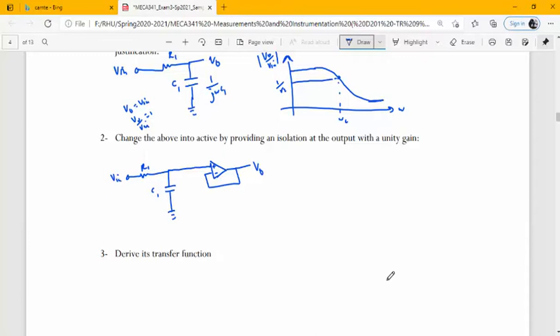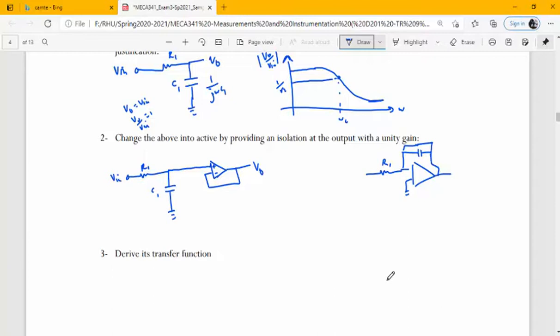If we are asked to isolate at the input, we connect the buffer at the input. And of course, we can isolate the output and the input at the same time, but we need an additional resistor. We have R1 connected to the buffer, and therefore we have a capacitor and resistor like that.